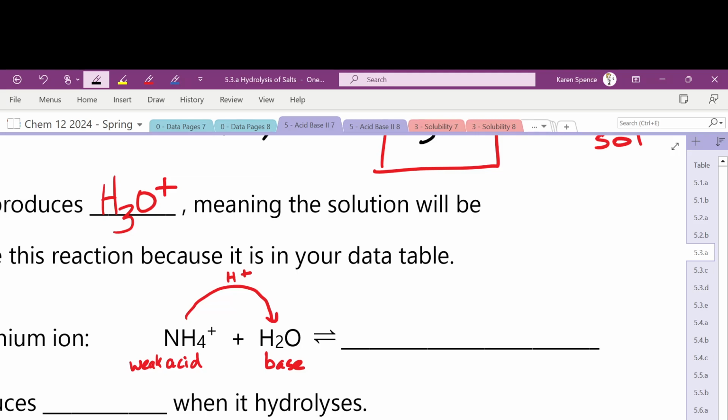If NH4 donates a proton, what does it become? NH3. And what does water become? H3O plus.